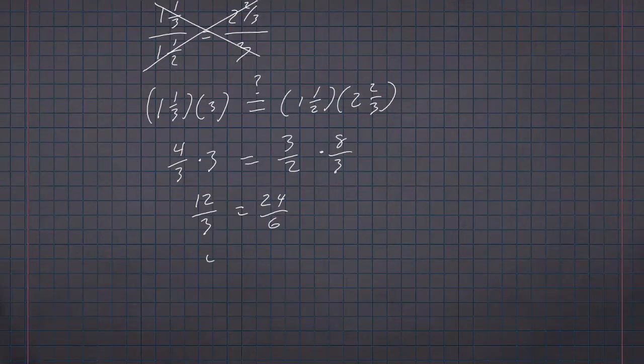Twelve divided by 3 is 4. 24 divided by 6 is also 4. It is definitely true that 4 is equal to 4. So these two fractions, the ugly fractions with mixed numbers all through them, were in fact equal in the first place.